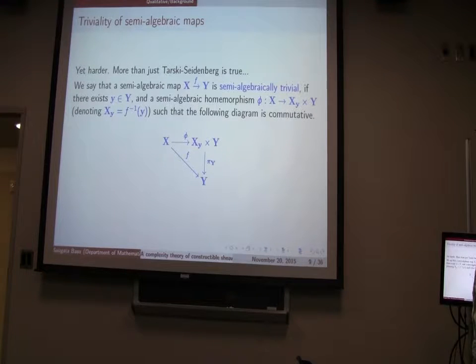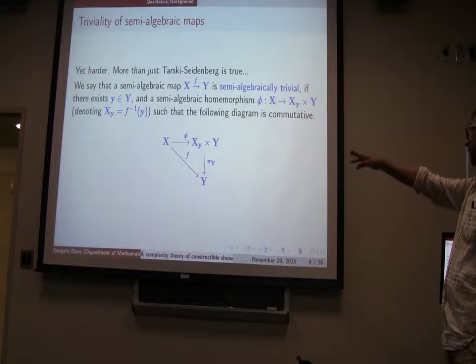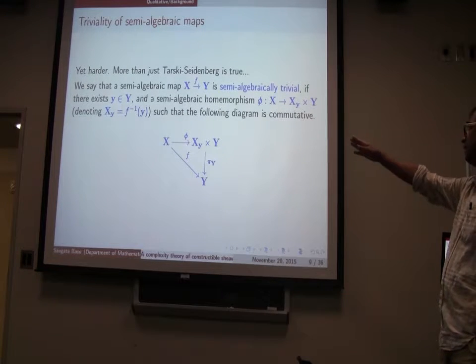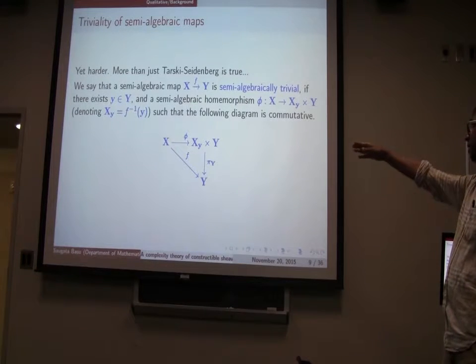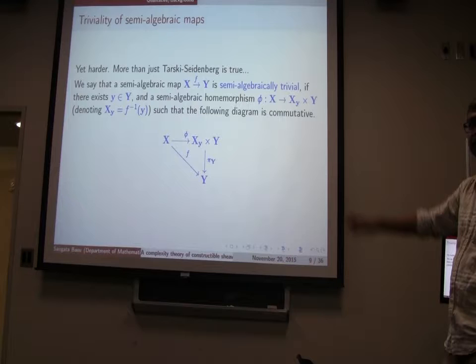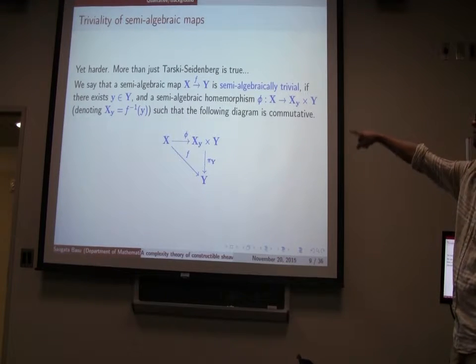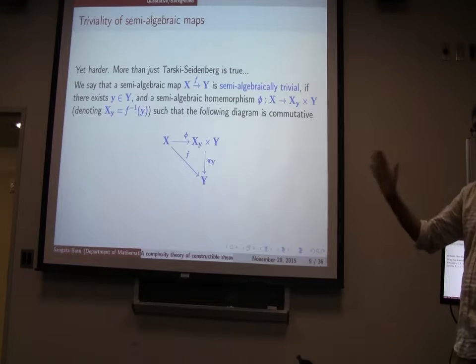there exists a trivialization phi, which is a fiber-preserving homeomorphism from X to the product of a particular special fiber times the base. The fact that the triangle commutes is just saying that this homeomorphism phi takes fibers to fibers.